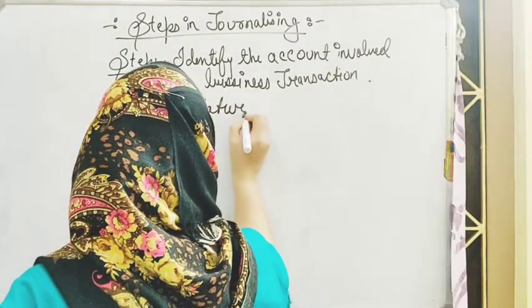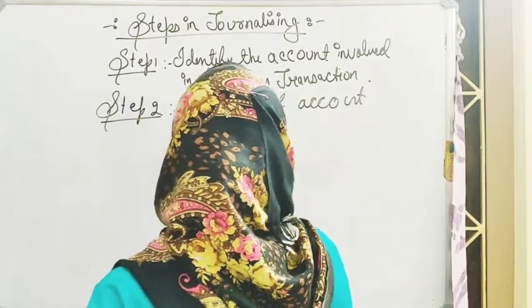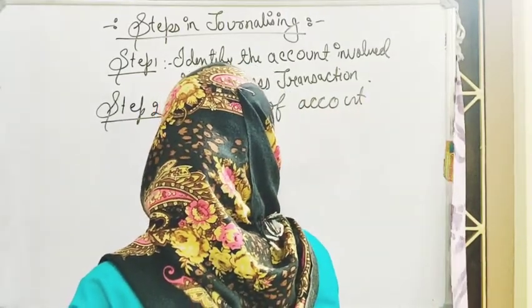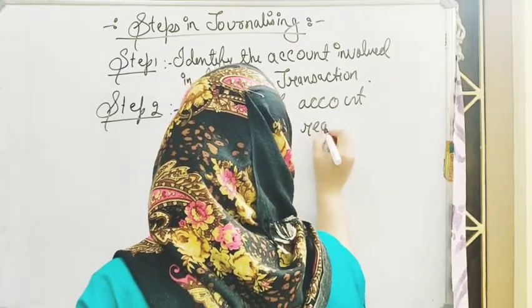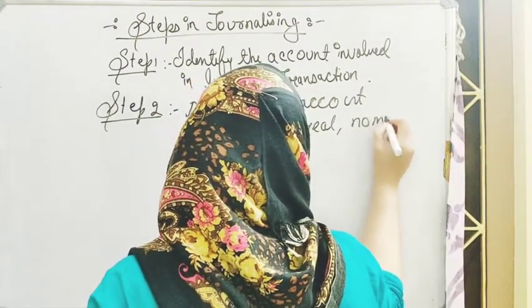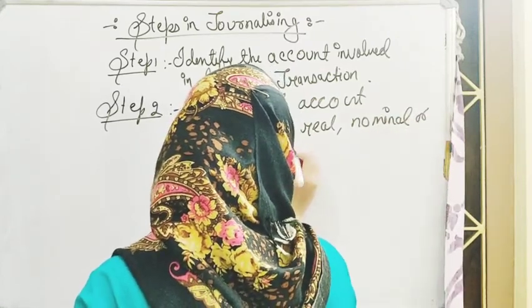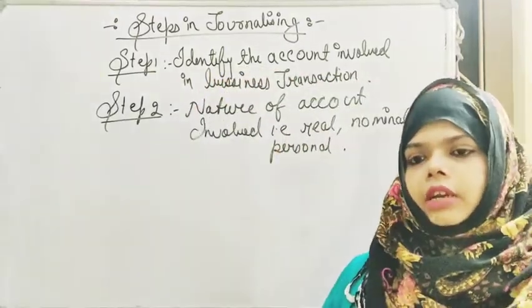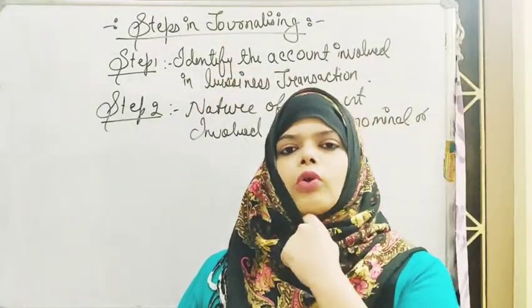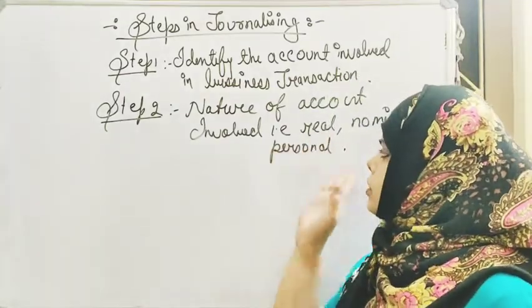Step two: nature of account involved, that is real, nominal or personal. Generally when we do accounting, we always follow the traditional method, so we have written real, personal or nominal.